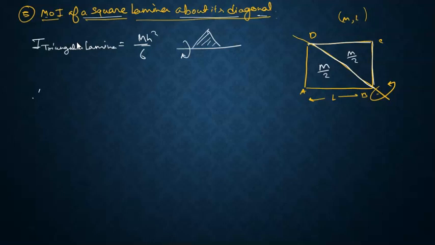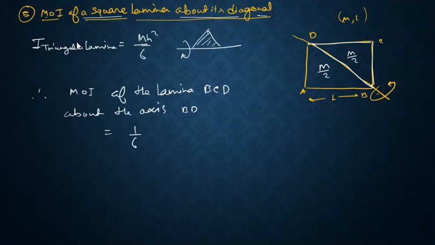So simply, the moment of inertia of the lamina BCD about the axis BD is equal to 1 by 6 into mass m by 2 into h square.